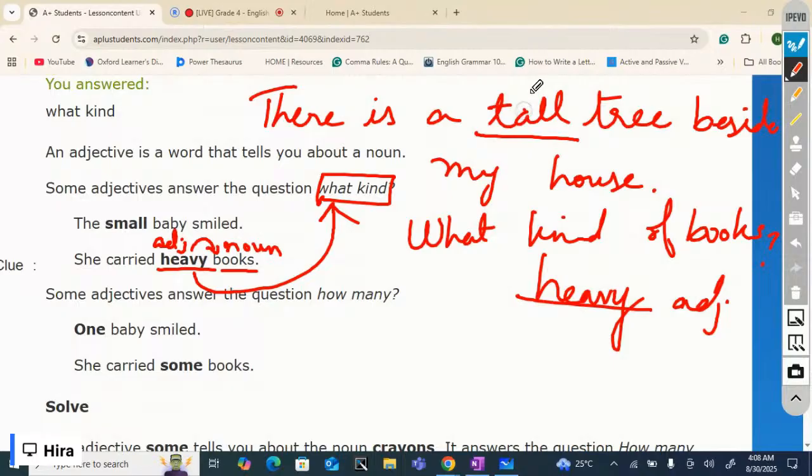And it tells about this noun. What kind of tree is it? Tall. So, tall is an adjective because it tells about this noun tree. It answers the question, what kind? It tells about the noun. So, tall is the adjective.